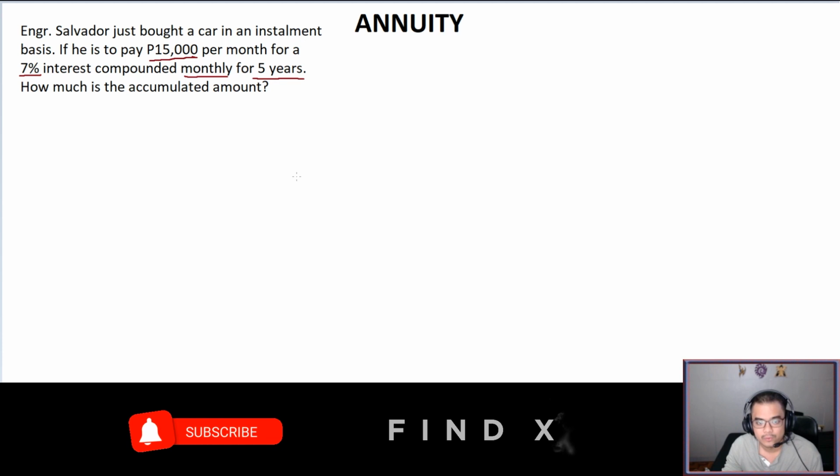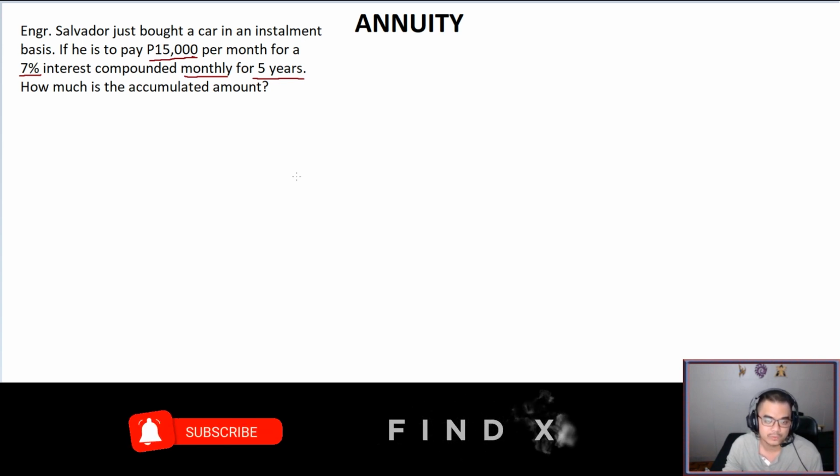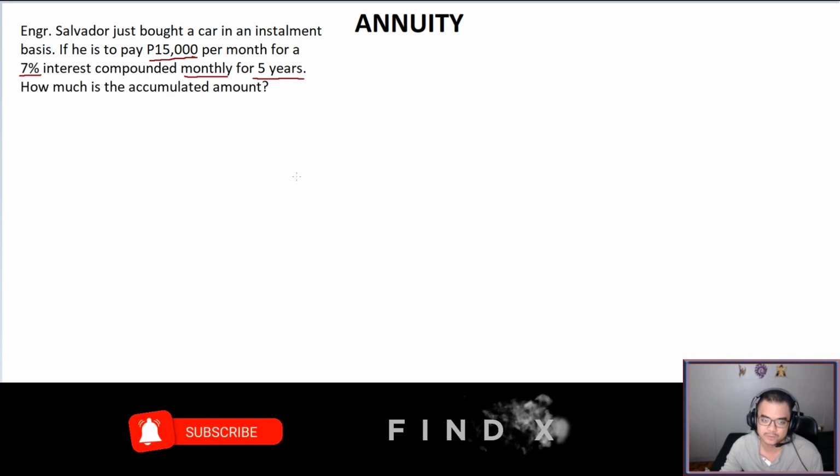Now, in real life, this happens, right? You are going to buy a car, and it's either 5 years to pay, 4 years to pay, 2 years to pay, whatever. So annuity, in layman's terms in real life, is installment. Now, the most common method of compounding in real life is, of course, monthly.